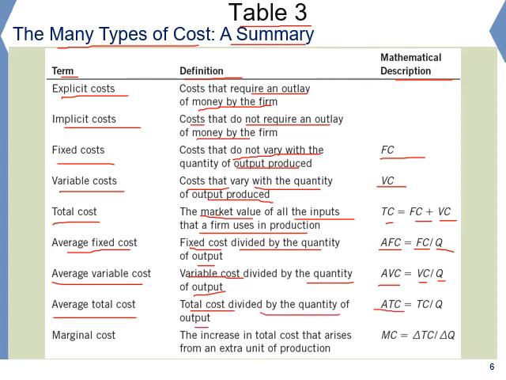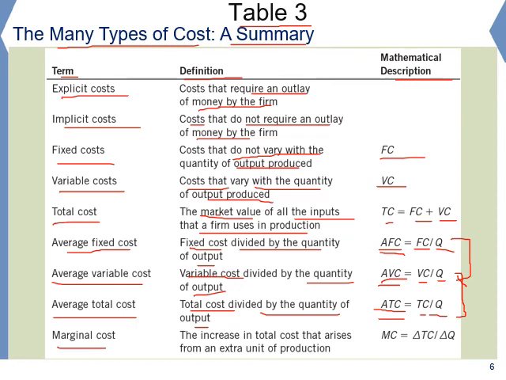ATC equals TC divided by Q. Also, ATC equals AFC plus AVC. So if you add average fixed cost to average variable cost, we get average total cost.